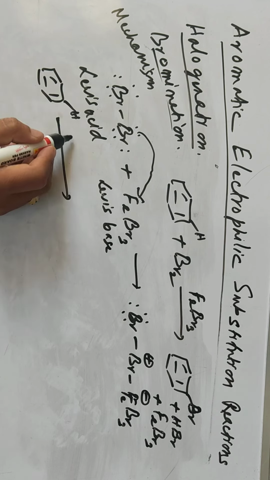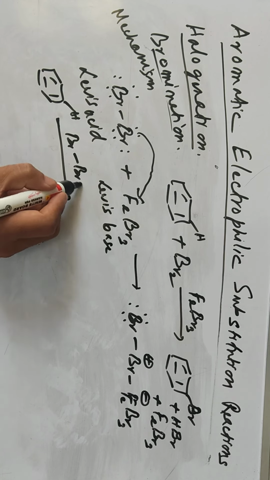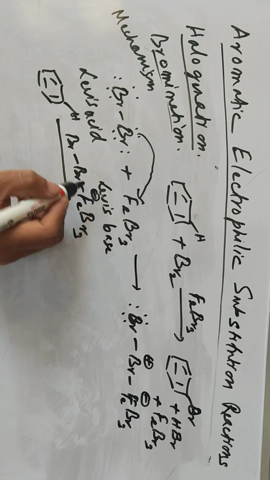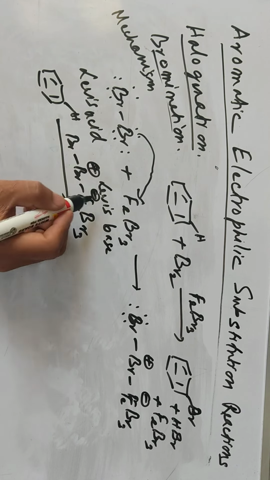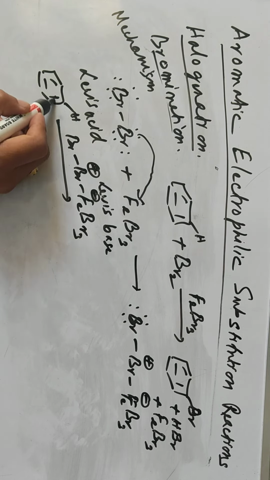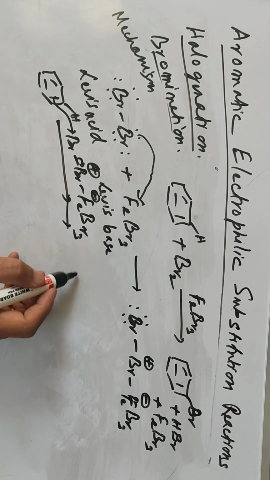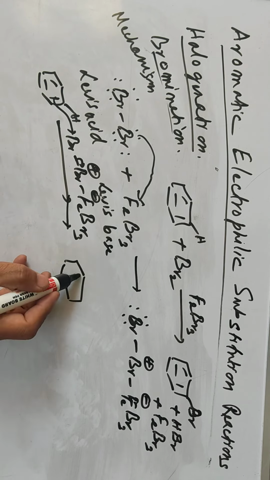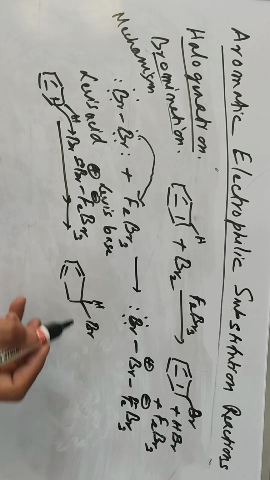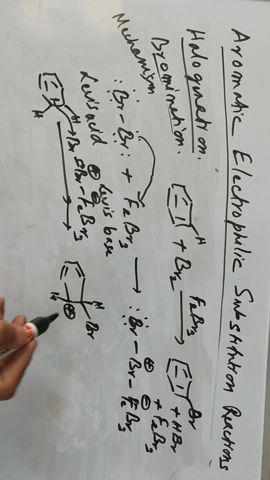The Br has a positive charge and the FeBr3 portion has a negative charge. The benzene ring attacks here, and now we have an intermediate: a carbocation is formed, with Br and hydrogen on the same carbon, and a positive charge on the ring.